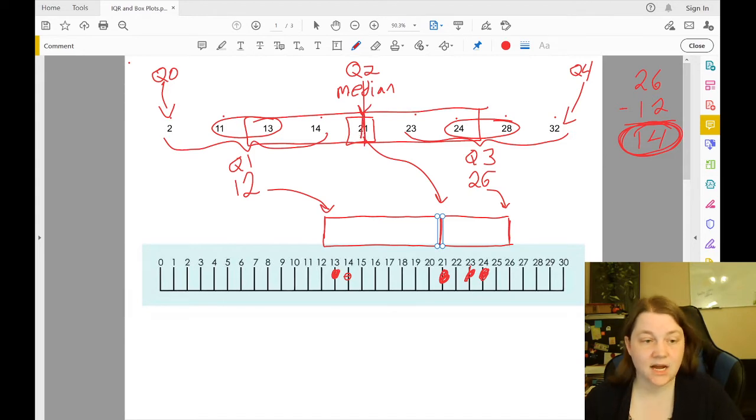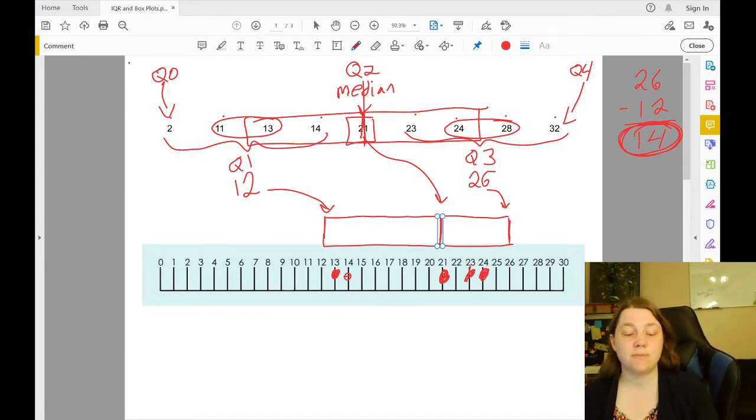And you can see how it's split. So we have the same amount of numbers in each box, which is 2. We also have the median, which happens to be a number on the number line. Sometimes it is, sometimes it isn't. This is directly on the median. And we can see how these numbers fall right now.